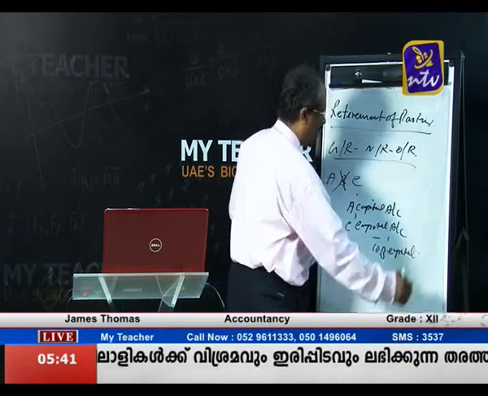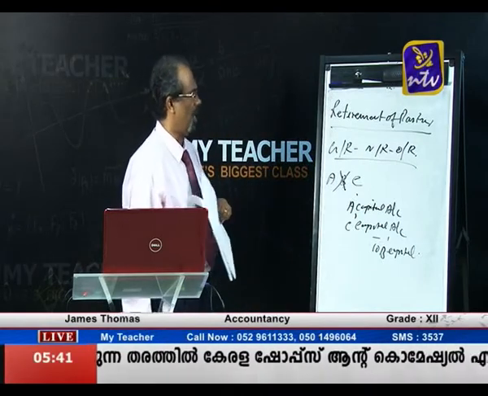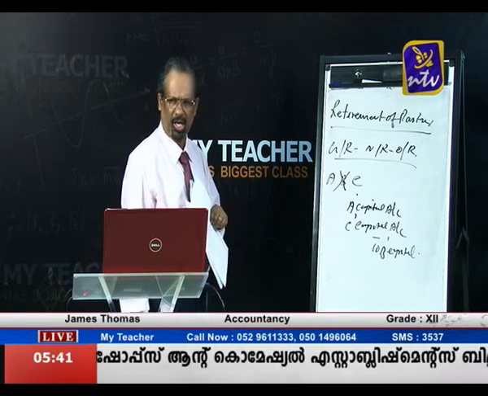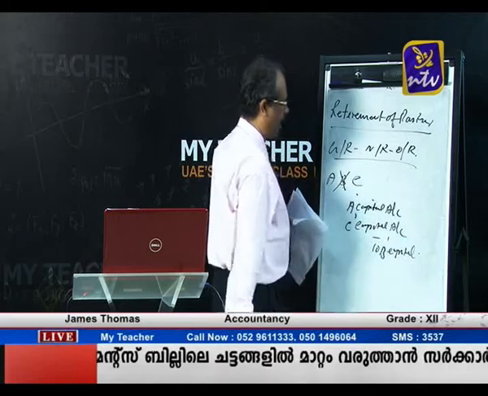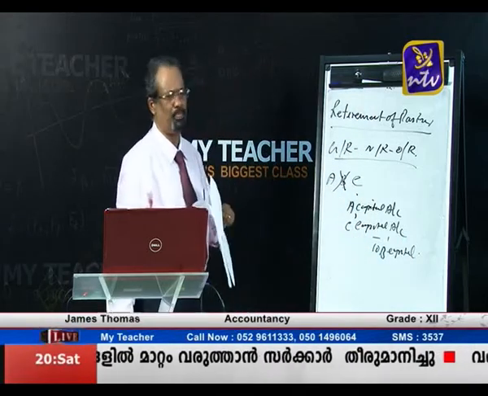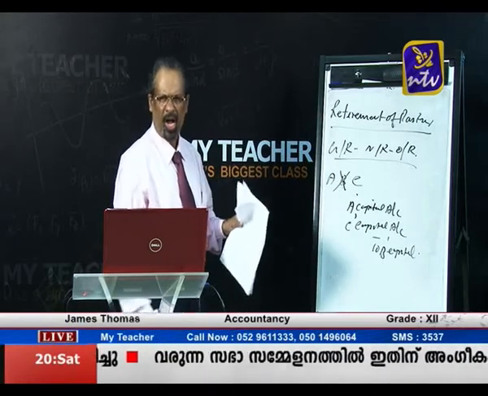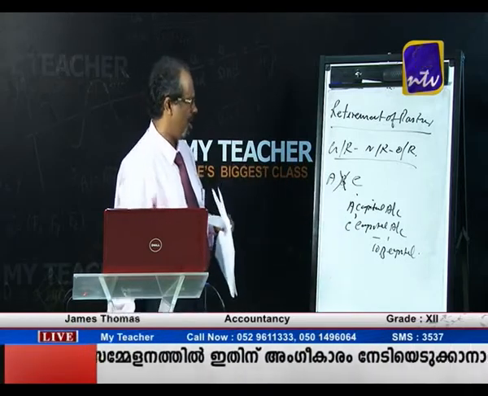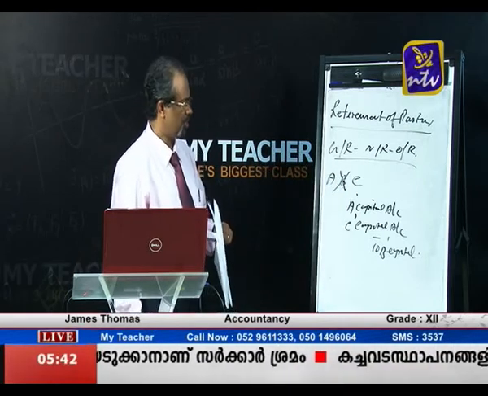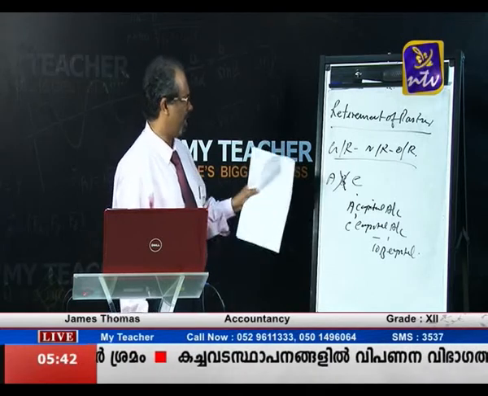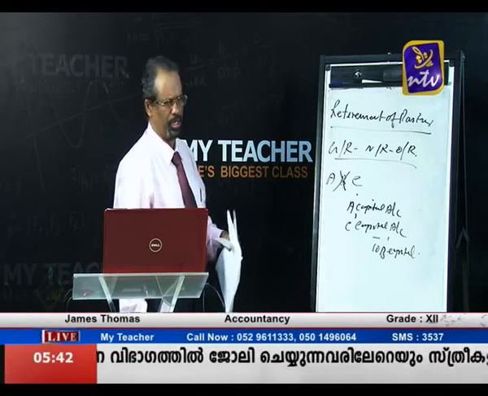See once again, so here B is retiring and B's share of goodwill is adjusted by other partners. So that is what is called A's capital account debtor and C's capital account debtor to B's capital account. That means A and C are losing and B is getting. But this calculation is based on the gaining ratio, that is, new ratio minus old ratio.